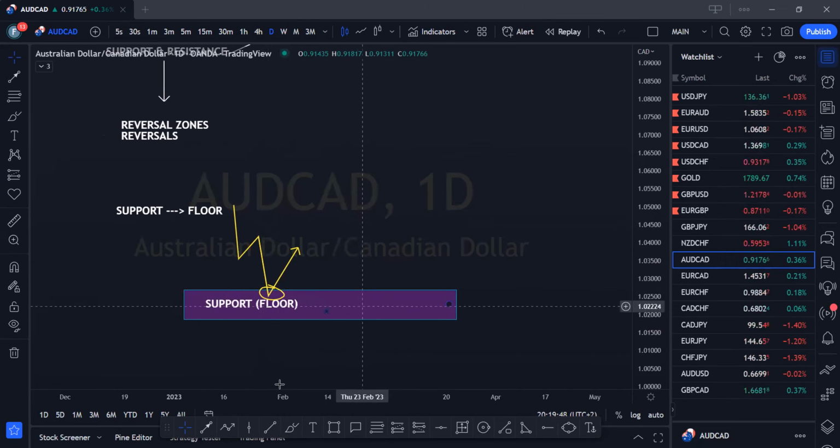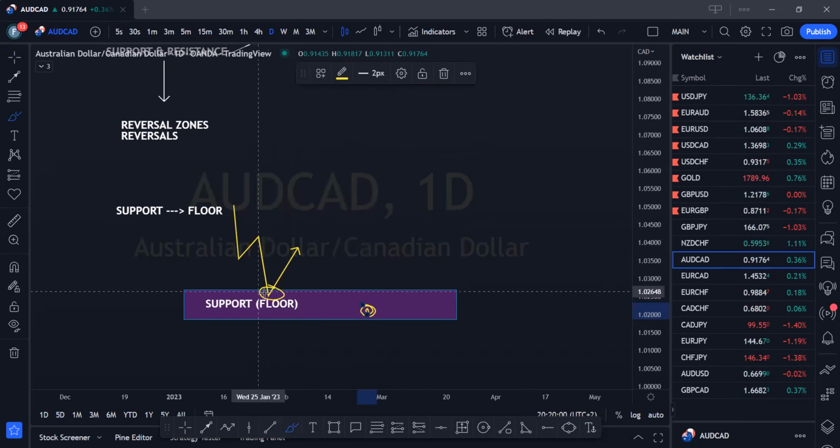If price should come back into this zone, what should we be expecting? Because the last time that price entered this zone, we saw a reversal, right? So the theory of support and resistance says that once this zone has acted as a support in the past, then possibly in the future, it might act as a support as well.